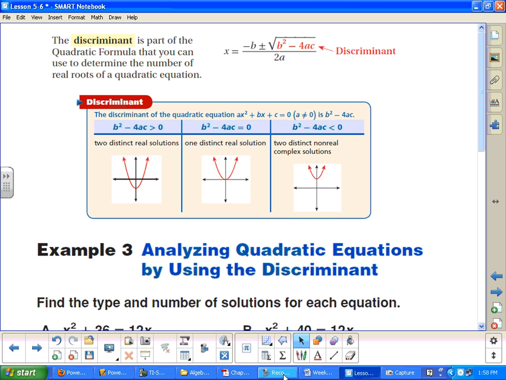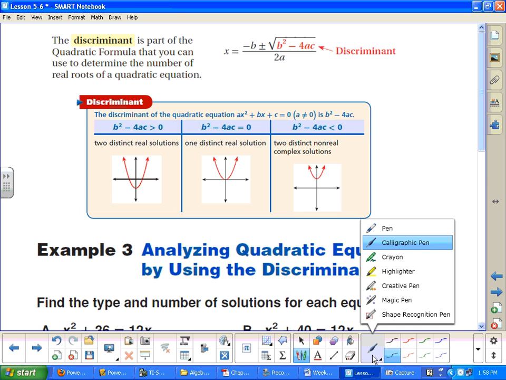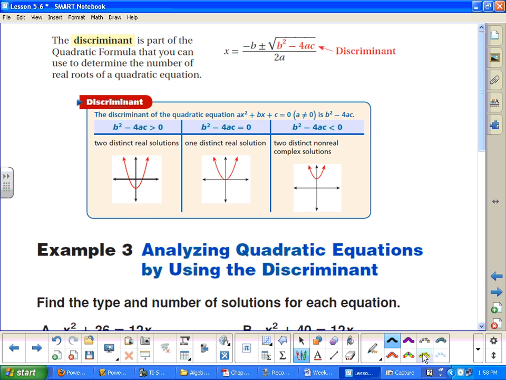And we can use that part, b squared minus 4ac, to tell whether there's going to be 2 real solutions if it's greater than 0, which we found out in example 1, 1 real solution, or 2 non-real complex solutions like we found out in example 2. Because if it doesn't cross the x-axis, we have 2 answers that would have i in it, because the plus or minus tells us we have 2 answers, the plus the number and minus the number.